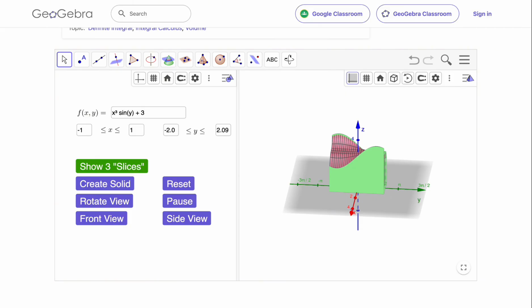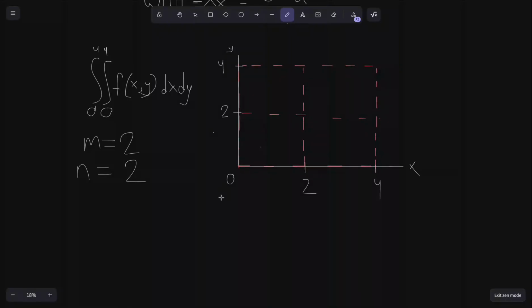So how can we do that? Well, what the midpoint rule says is that for every rectangle that you have, so notice how you go 2 units in the x direction and 2 units in the y direction, you're just going to take the midpoint of that and you find the height of the function at that midpoint, and you multiply it by the area of this rectangle, right?